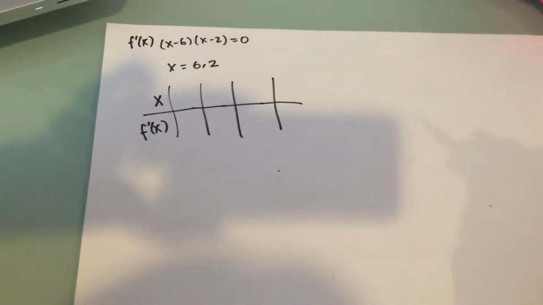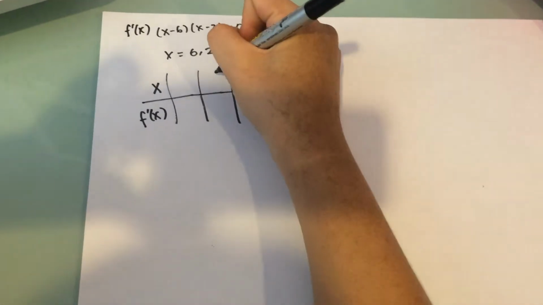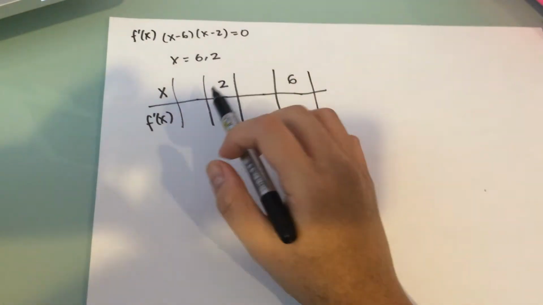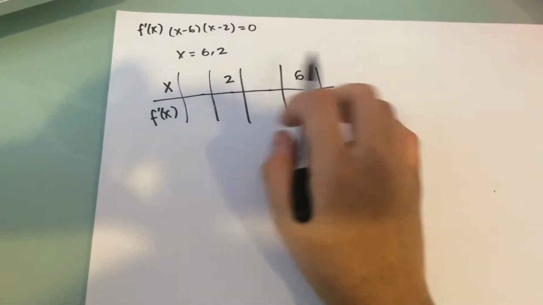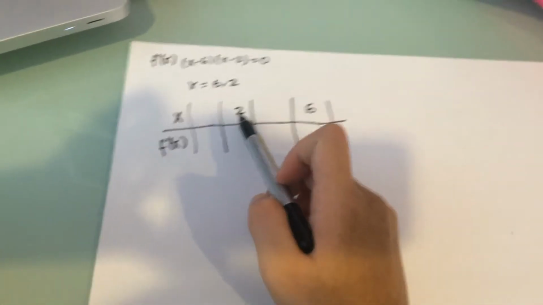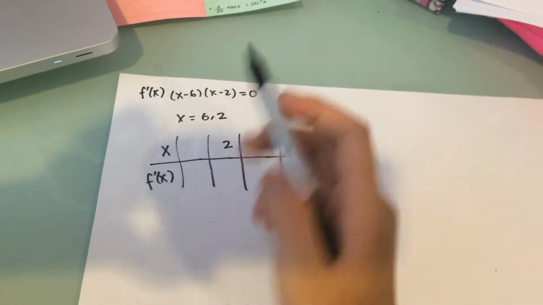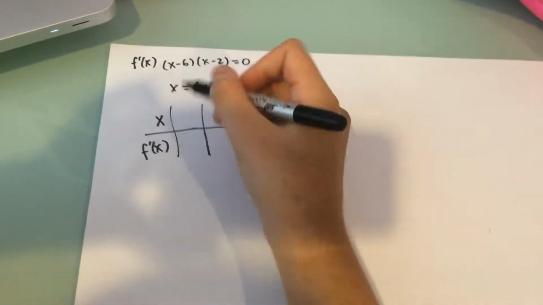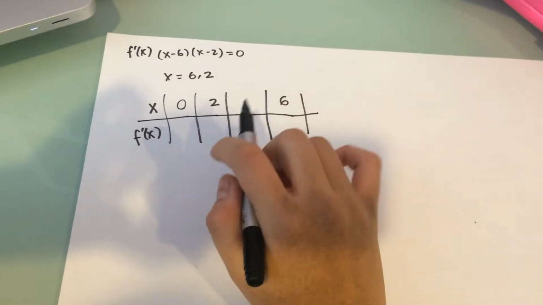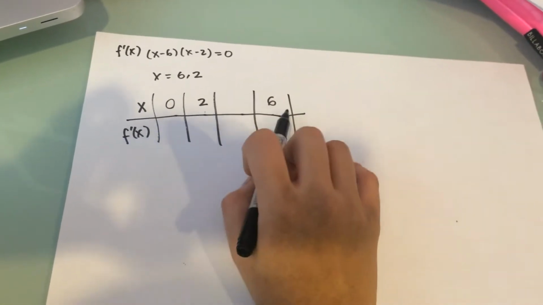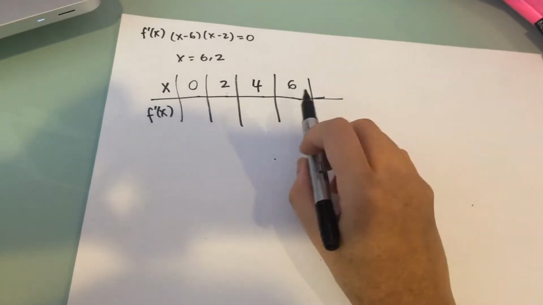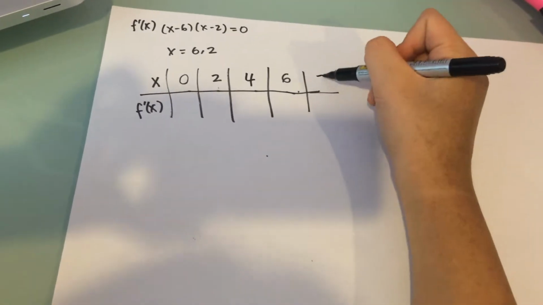And then we need to put 2 here, and then 6 here. In this blank space, we need to plug in a number that is less than 2. So for example, we just use 0, it's easiest, and here we use a value between 2 and 6, we just use 4, and here a value greater than 6, 7.